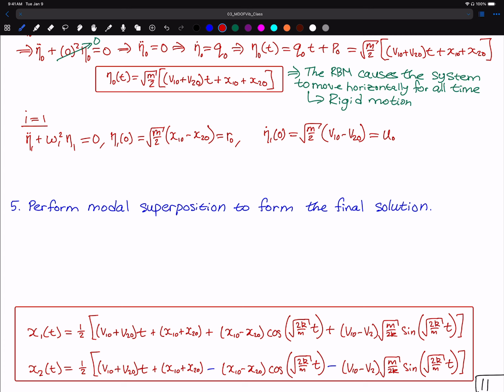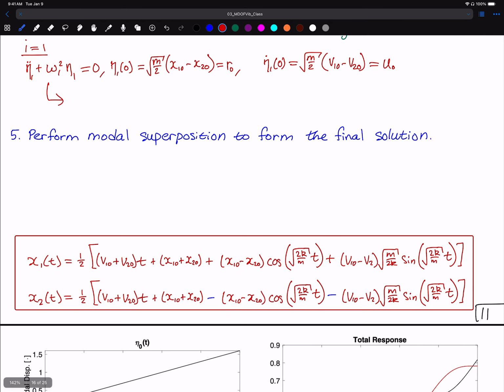All right, so this is a single degree of freedom harmonic oscillator equation that we know how to solve. And the solution here is undamped. So the solution eta 1 of t is going to equal to r0 cosine omega 1t plus u0 over omega 1 sine omega 1t.